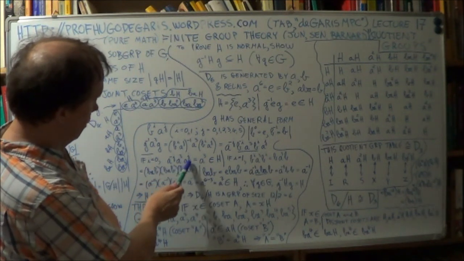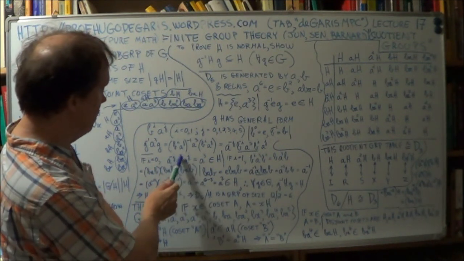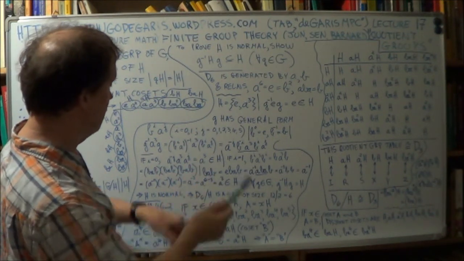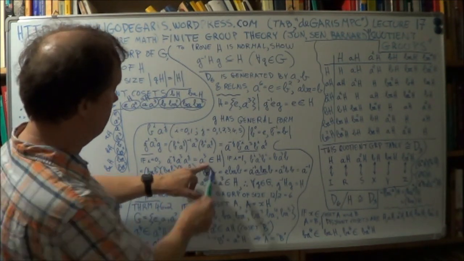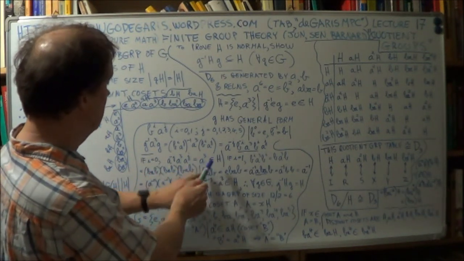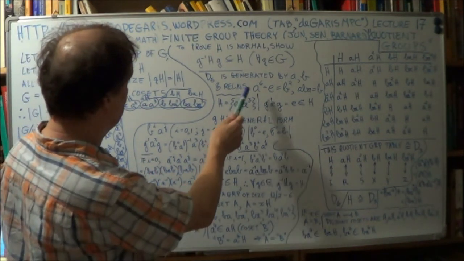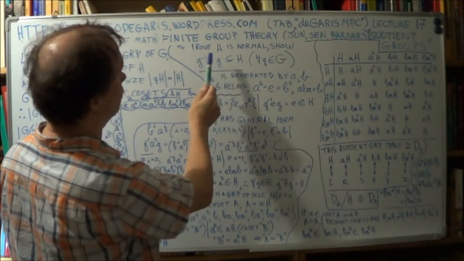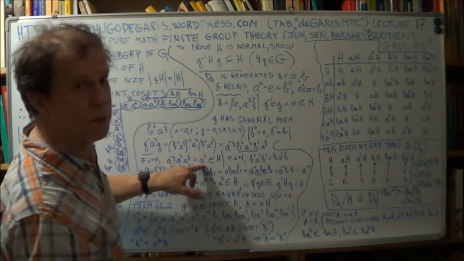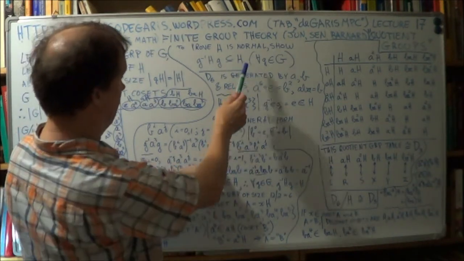Now they're all a's, so you can just add these powers. So the j's cancel and you're just left with a cubed. Oh, that belongs to H, right? So in the case when i is 0, this, G inverse a cubed G, is just a cubed, so it belongs to your H.